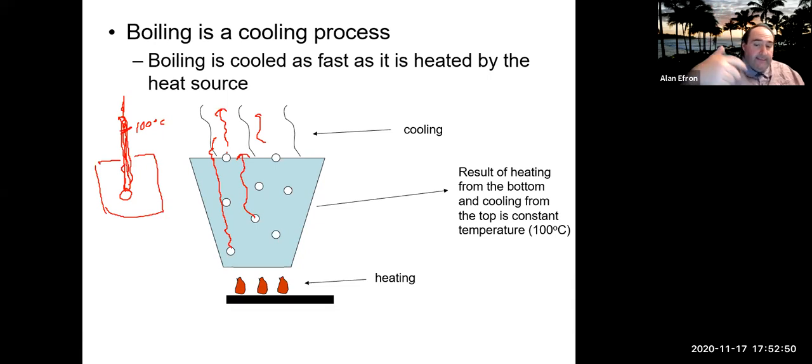They end up moving a lot slower when they hit the air. So although we're heating from the bottom, we're actually cooling from the top. That's why, when we hit something like the boiling point of water, it maintains 100 degrees in an ideal situation. It doesn't go higher or lower. It will maintain that temperature as you're boiling it.